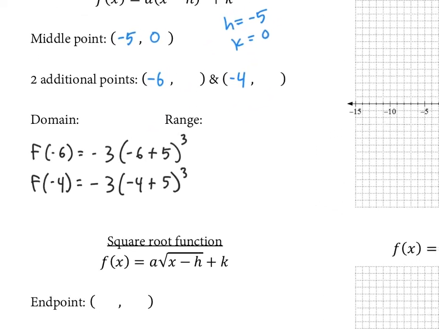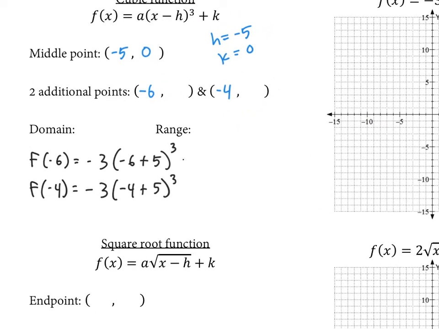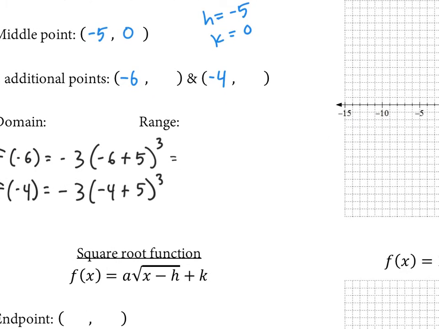Let's do these. Okay, this first one, negative 3 times this whole thing. So negative 6 plus 5 is negative 1, and negative 1 cubed is still negative 1. Okay, negative times a negative is a positive, so this will be positive 3, 3 times 1.